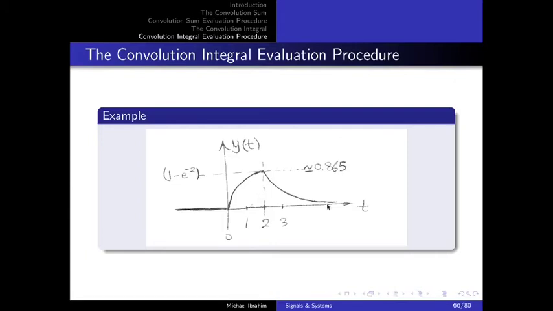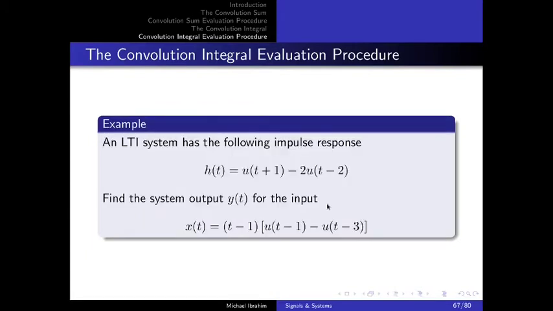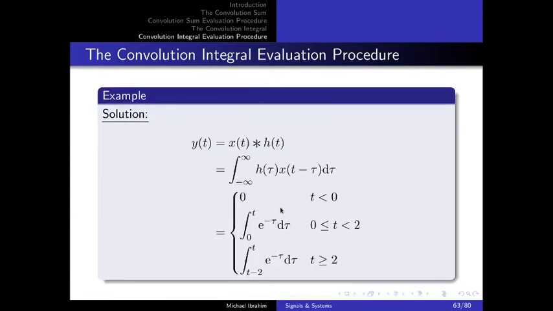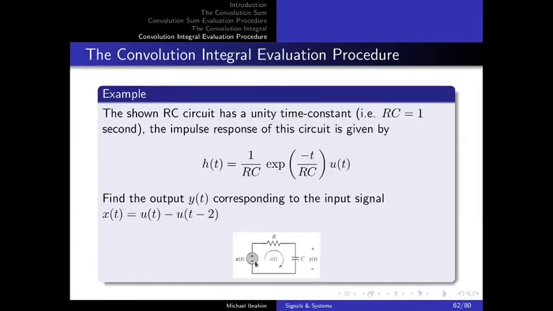And this agrees with what we have learned in circuits, because you are applying a rectangular pulse from 0 up to 2, and the circuit over here is an RC circuit where the capacitor will start charging when this pulse is applied, and when the pulse stops, the output will start decaying because the capacitor will be discharging.